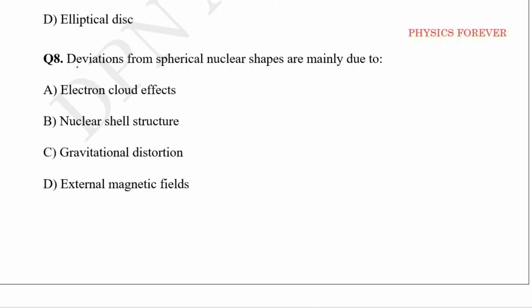So next, deviation from spherical nuclear shapes is mainly due to, among these, which one is correct?